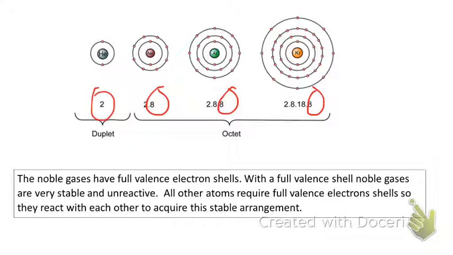So the trade-off, though, is that all the other elements on the periodic table must form chemical bonds with each other in order to achieve full valence shells to become like these noble gases. All right? So that is the idea of why chemical bonds form. Again, to achieve full valence shells so that they can have stable arrangements of low potential energy. If you understand this, you're on the right track.